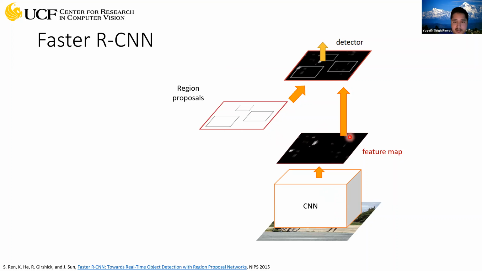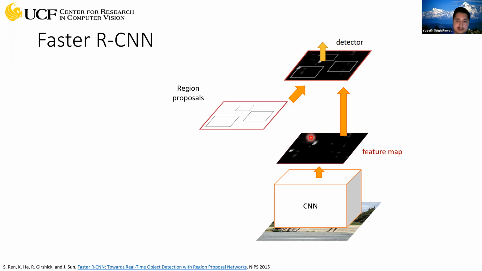So the idea is you take the image, pass it through the CNN, get the feature map, and this is your normal path, which you already know. Once you have the proposals, you apply those proposals on the feature map, and the rest you already know. You perform classification, you perform regression on those proposals.